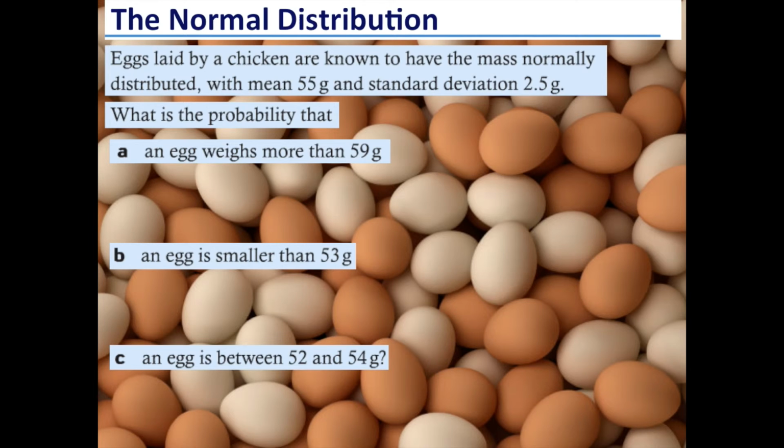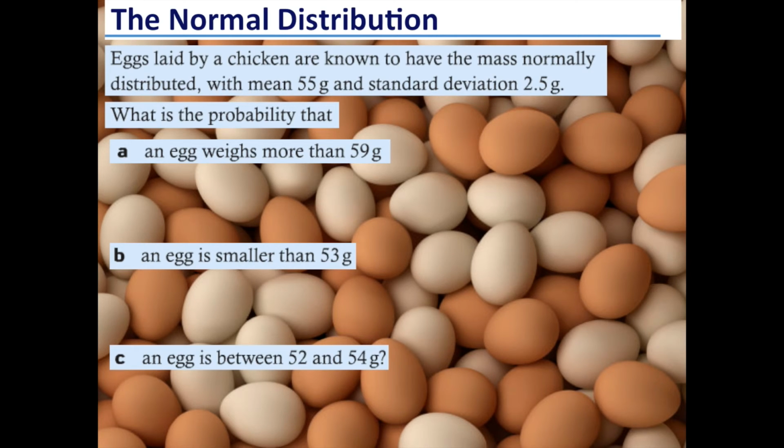Now, so far we've looked at the standard normal distribution with a mean of 0 and a standard deviation of 1, and we've looked at how you can transform other distributions such that they can be used with the standard normal distribution by generating z values.